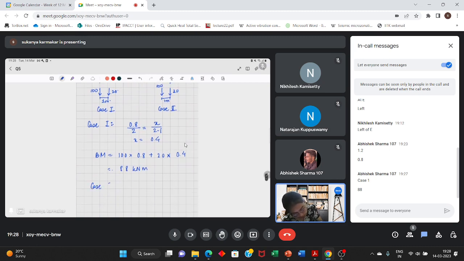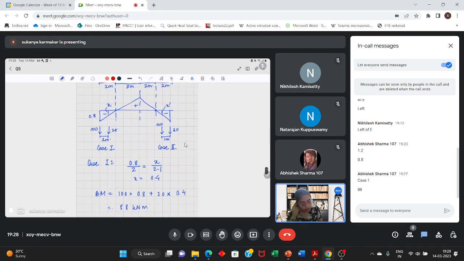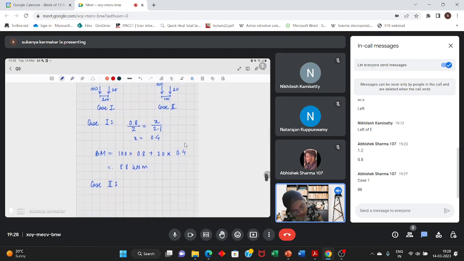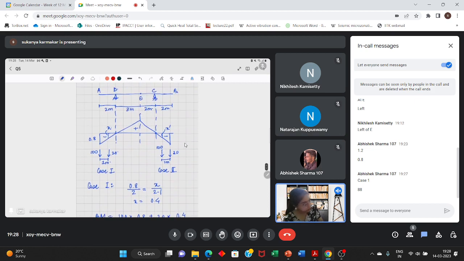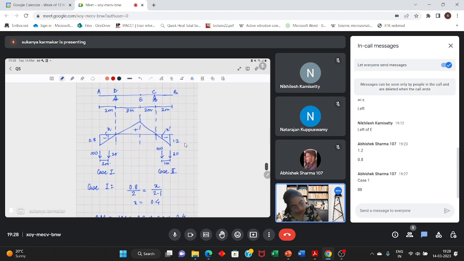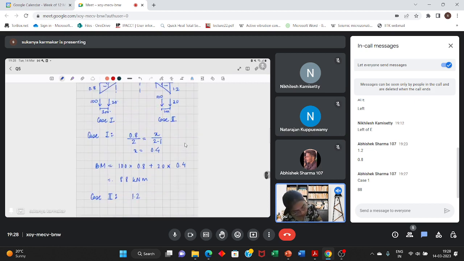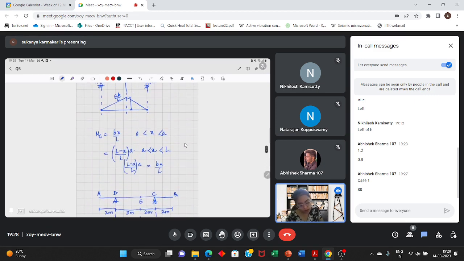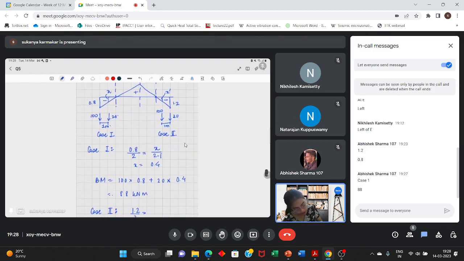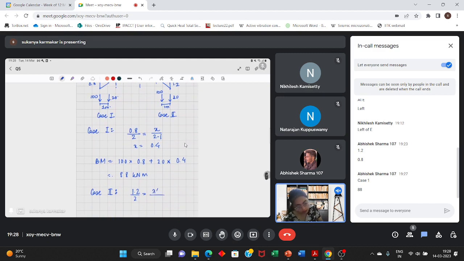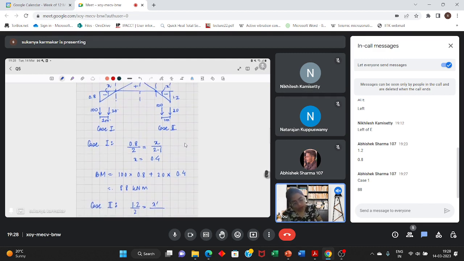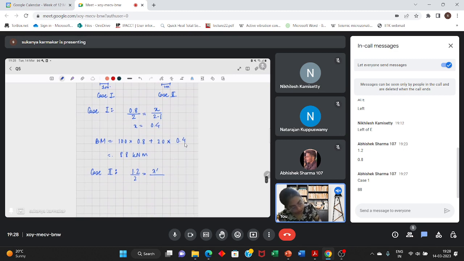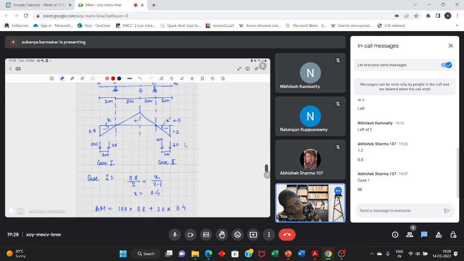Now in case 2, again you will have to calculate the ordinate x dash. So how much is it? This ordinate is 1.2, so it is 1.2 over a distance of 2 meters, and the height is x dash. So x dash is equal to 0.6, and this is equal to 0.4.